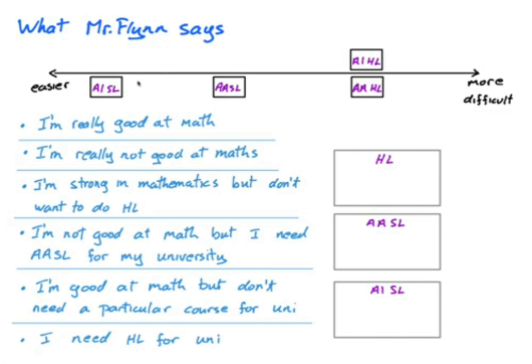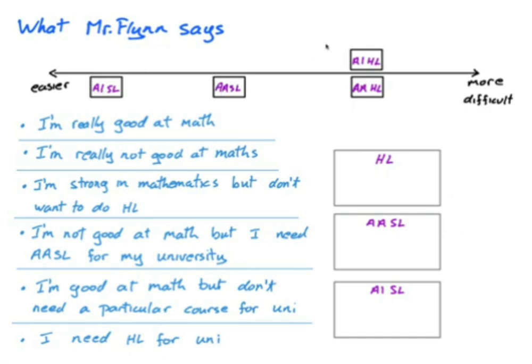Okay, so I've put a little difficulty line here where this is easier and this is more difficult. I'm not going to say any of them are easy or difficult, but this is certainly easier and this is more difficult. I don't think many people would disagree with me when I say that AISL is the easiest one, for sure.